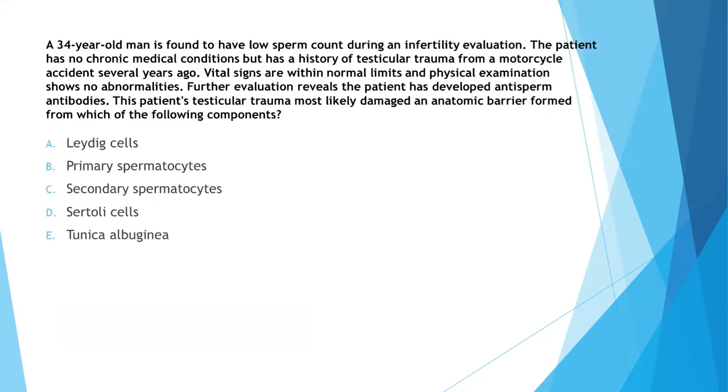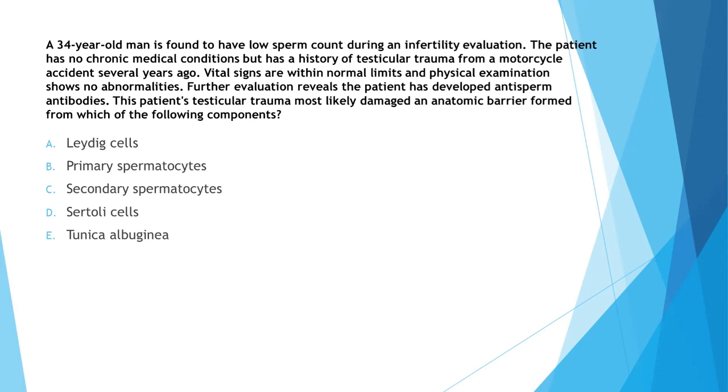So again, we have another question here. This patient's testicular trauma most likely damaged an anatomical barrier from which of the following components? A 34-year-old man is found to have a low sperm count during an infertility evaluation. The patient has no chronic medical condition but has a history of testicular trauma from a motorcycle accident several years ago.